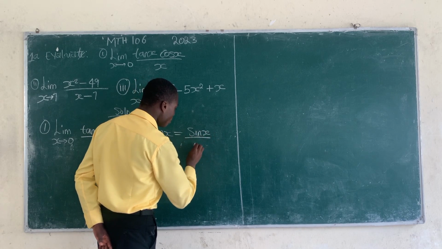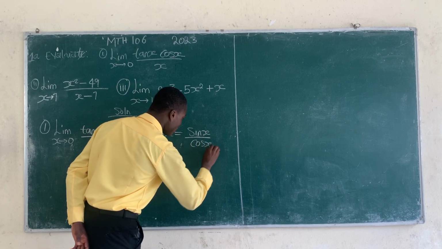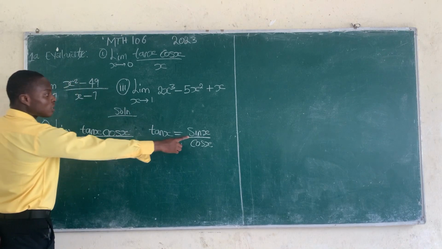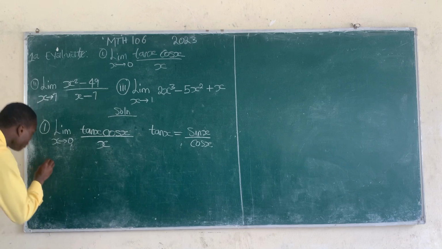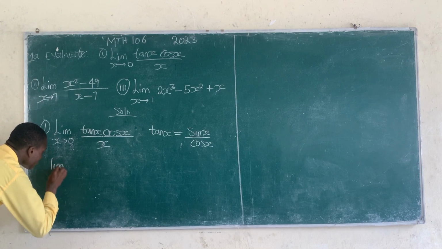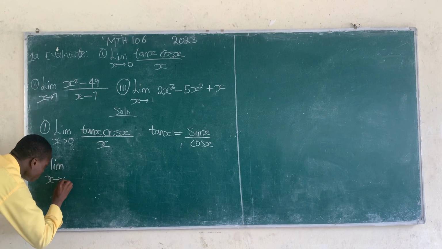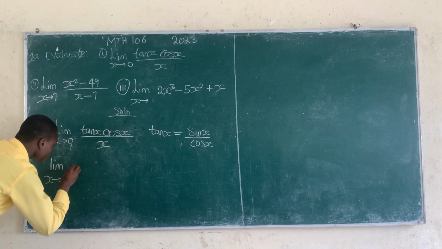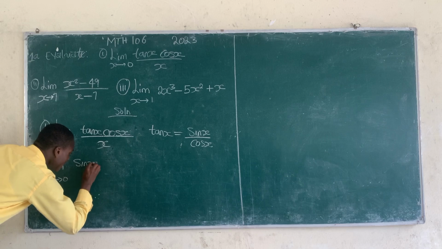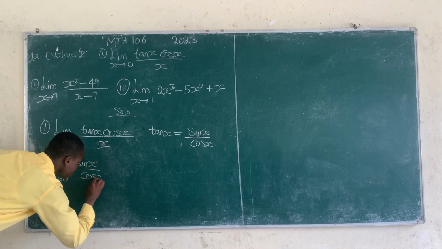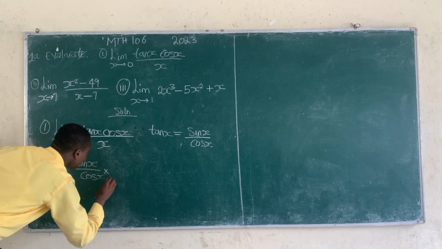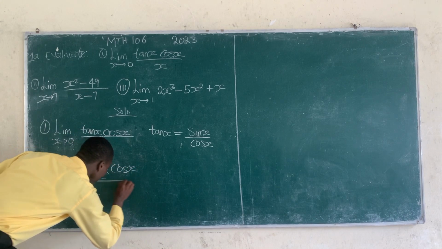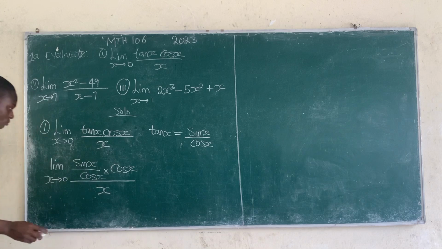If we substitute tan x equals sine x over cos x, we are going to have the limit as x approaches 0 of sine x over cos x, multiplied by cos x, and the whole of this divided by x.